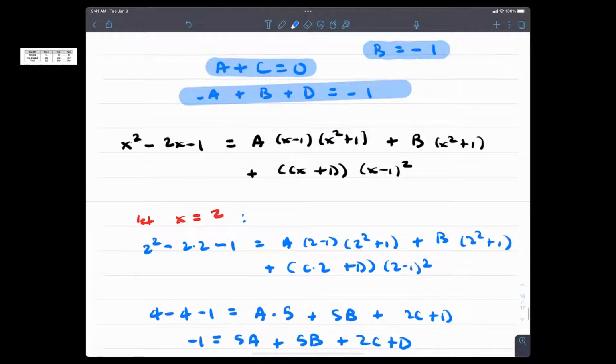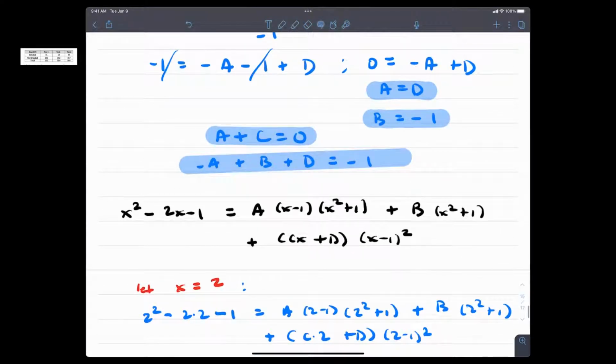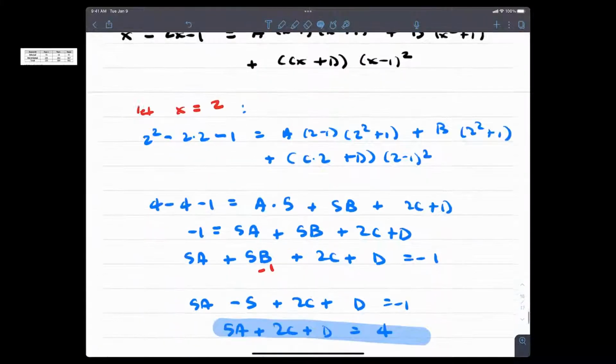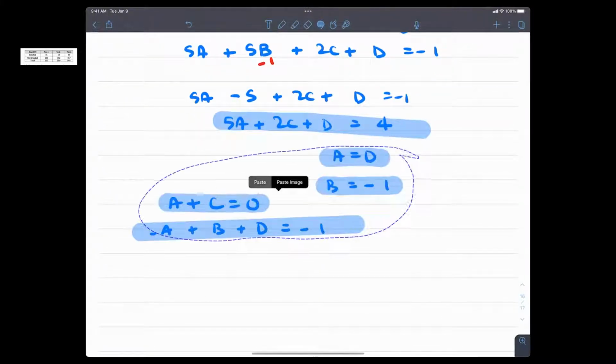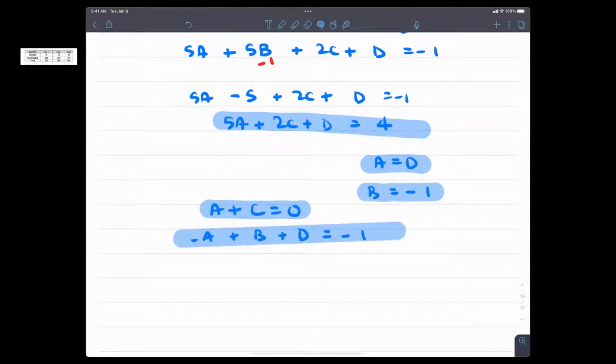All right, now let's bring everything down that we know. So notice what this means, though.